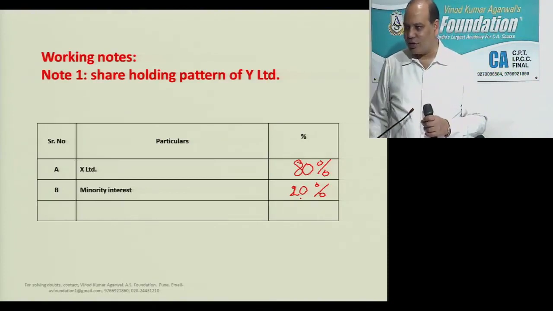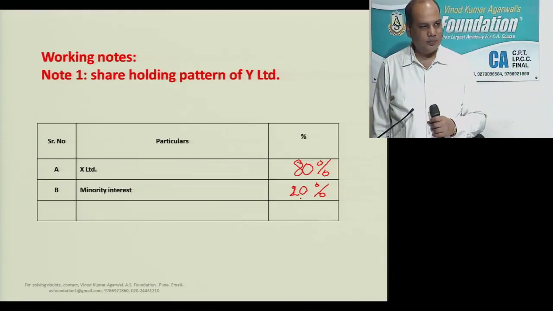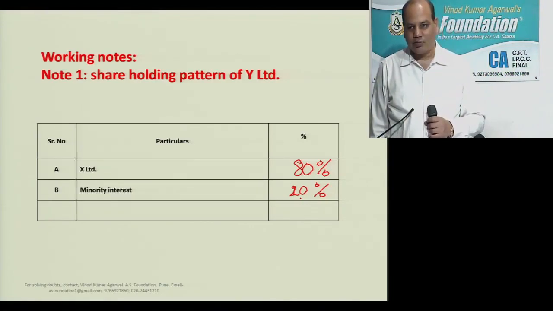Now write working note 2. How many columns will you draw? Which 3? Serial number, particular, pre, post. In post how many columns? 1 or 2? 1 is enough. P&L account. General reserve will not be written in the post column.